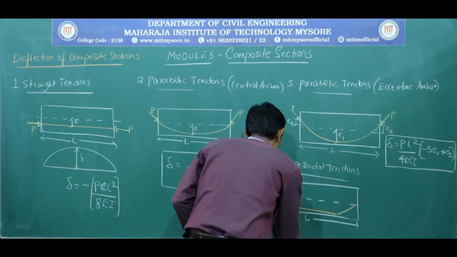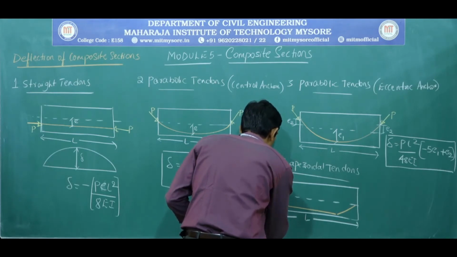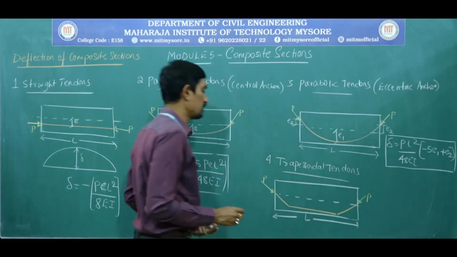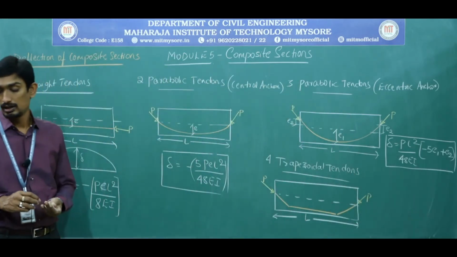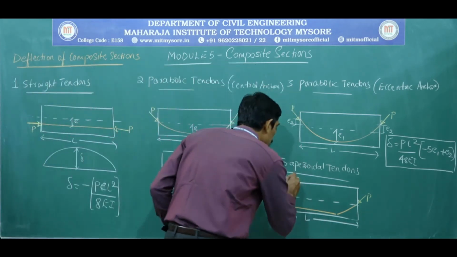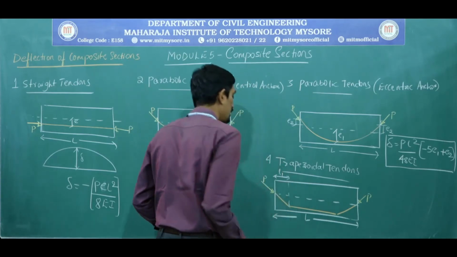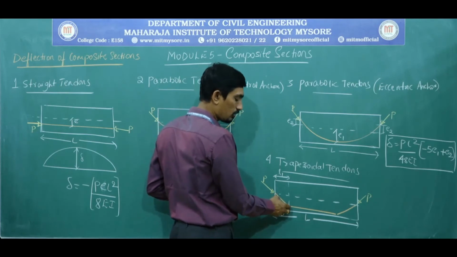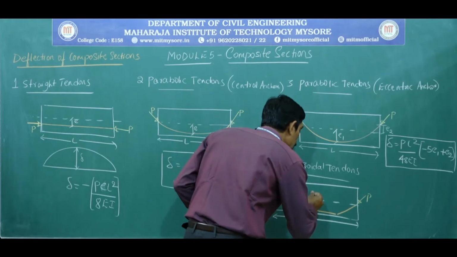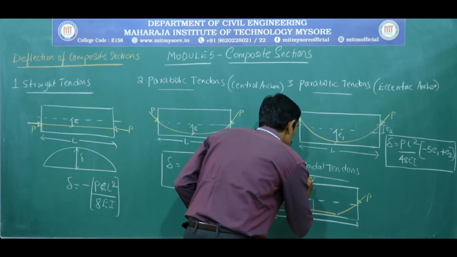Now let me induce the pre-stressing force P, and then let me mark the distances; please note them down. L1 will be the distance from the kink, this point, up to the support, and L2 will be the distance from the midspan.